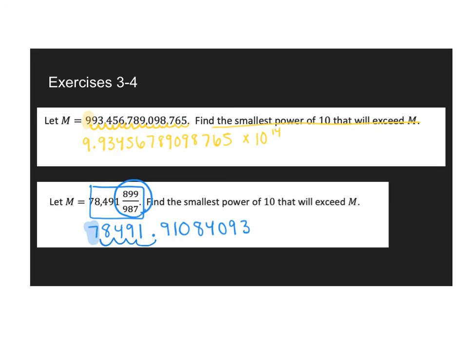So my final number is going to be 7.84911084093 times 10 to the 4th power, because I moved it 4 spaces. Okay? Let me know if you have any questions here. Make sure you have all those numbers down correctly, and then we'll move on.